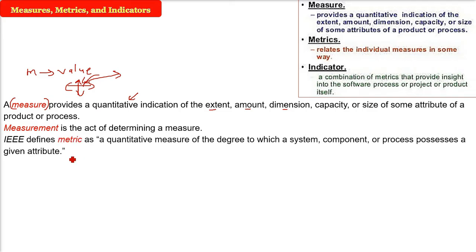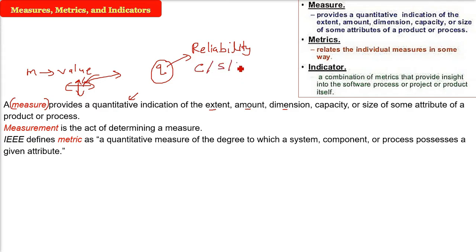What is a metric? Now IEEE gave a very good definition for metric. A metric is a quantitative measure of the degree to which a system or a component or a process possesses a certain attribute. For example, take reliability. This is an attribute of any product or software. So the quantitative measure of the degree to which the system, or a component or a process, possesses this attribute.